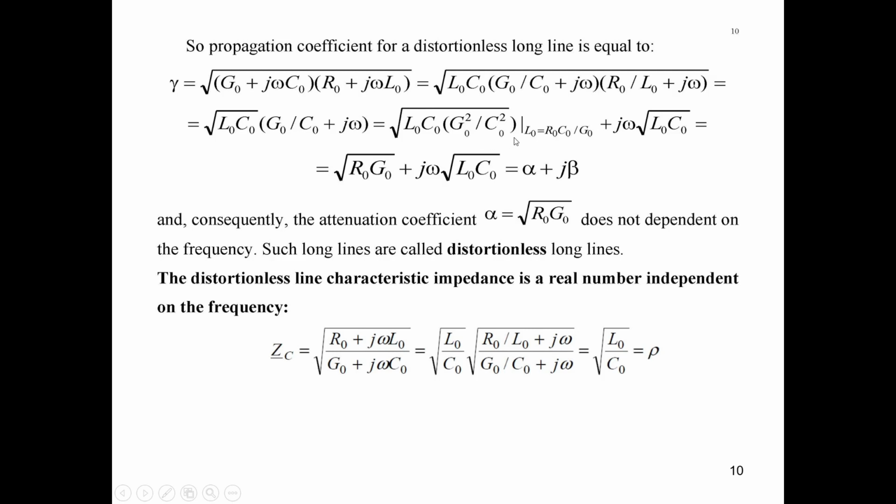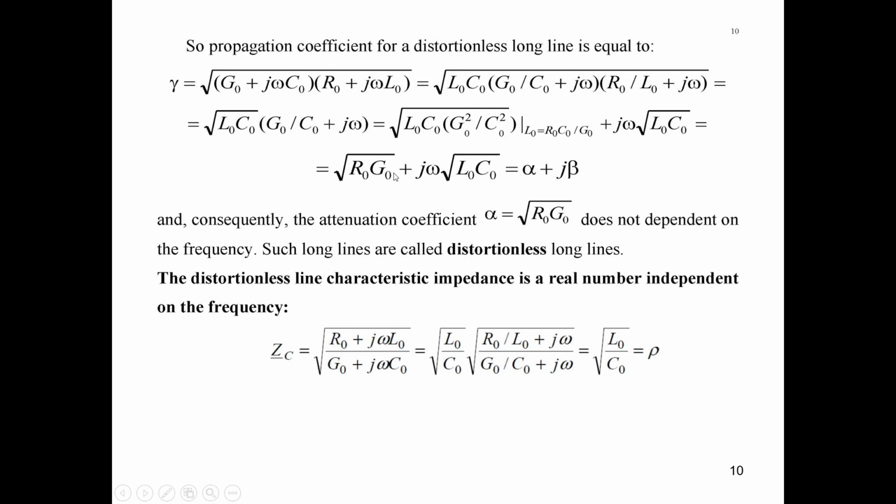If we substitute it here, instead of this L0, we will have R0 C0 over C0 squared, it will be just C0, and then we can rearrange it.